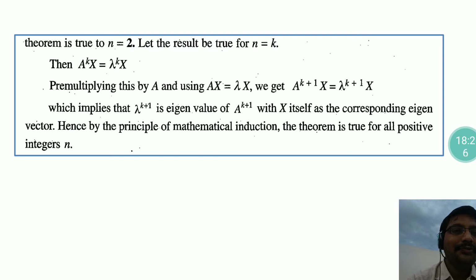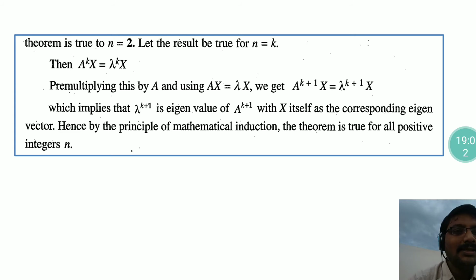Let the result be true for n equal to k, which is the induction hypothesis. So then we will have A power k into x is equal to lambda power k into x. Now pre-multiplying this by A, and using Ax equal to lambda x, we get A power k plus 1 into x is equal to lambda power k into Ax.